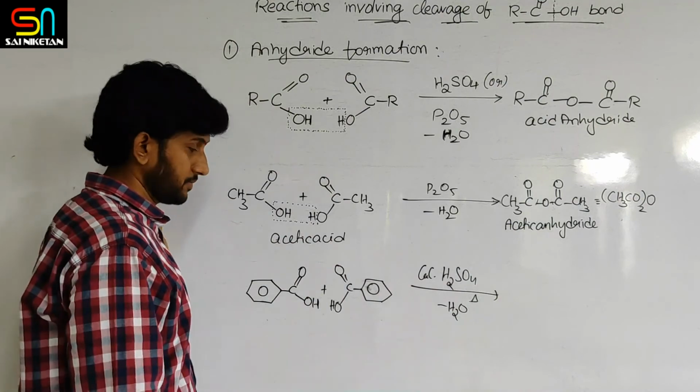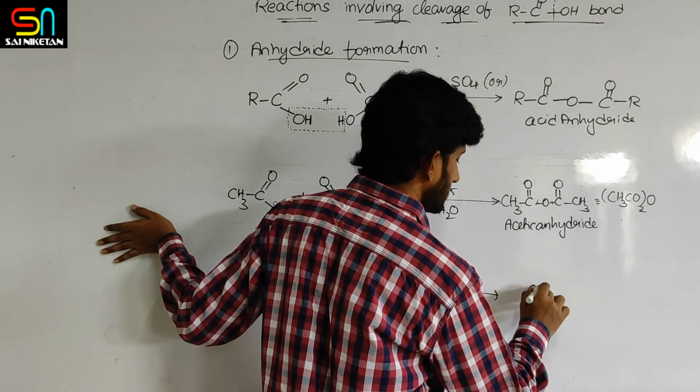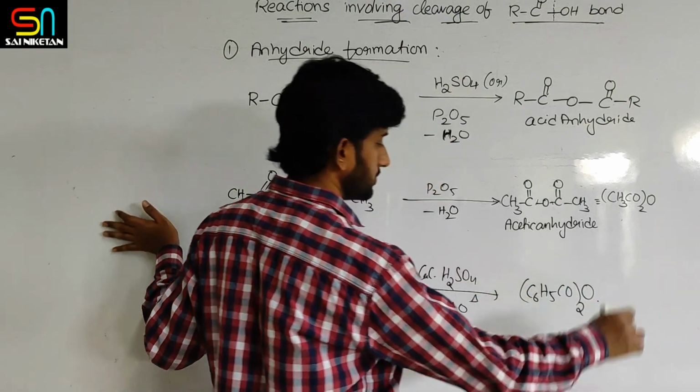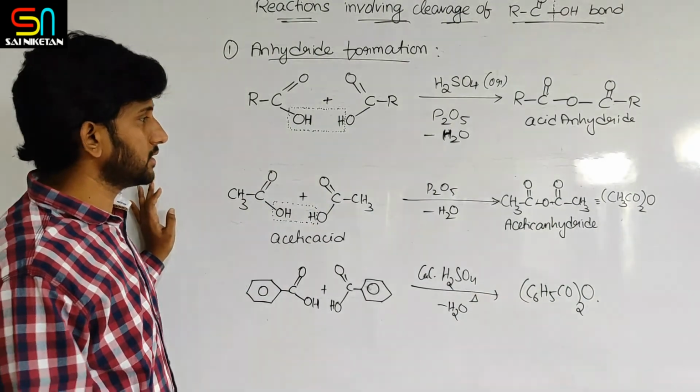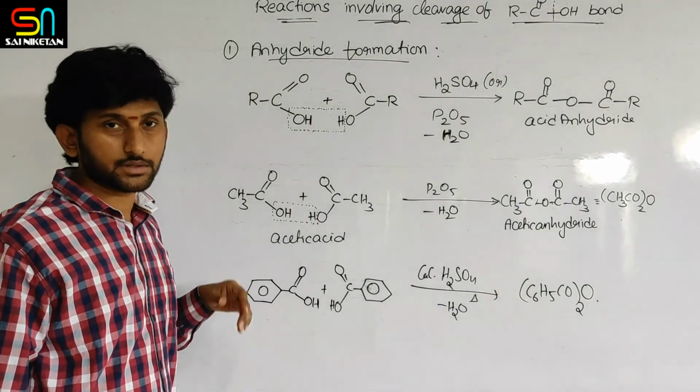So what will happen? Benzoic anhydride is formed. So I will write like this: C6H5CO taken twice, O, benzoic anhydride. Okay, so this is about anhydride formation. Next reaction we'll see.